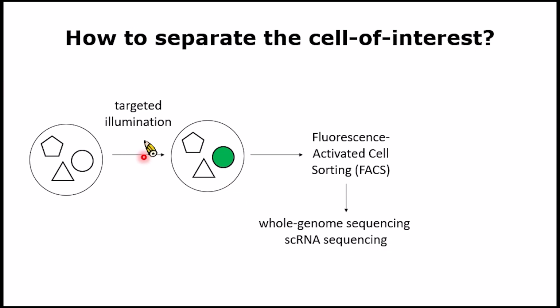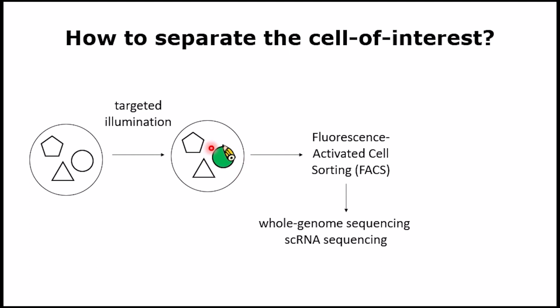So the idea is that, say, in the field of view, there are different types of cells or different groups of cells. And after some observation, you decided, oh, okay, it's this circled area that I want to do further study on, okay? So you can do targeted illumination to make these cells now glow in green.